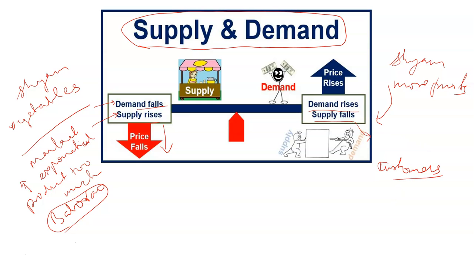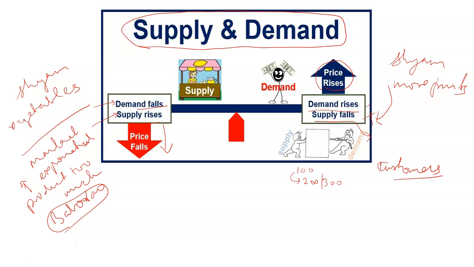So here the prices will rise at a very high rate, and even if the cost of fruits and vegetables was 100, it may go to 200, 300. It all depends on how much demand rises or how much supply falls.